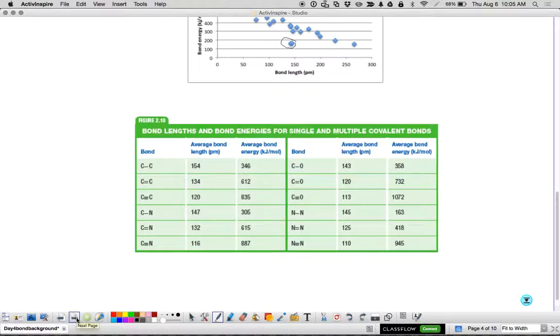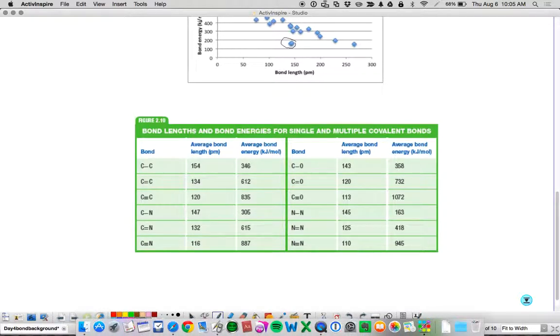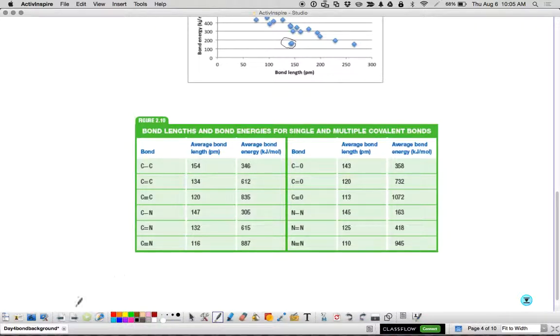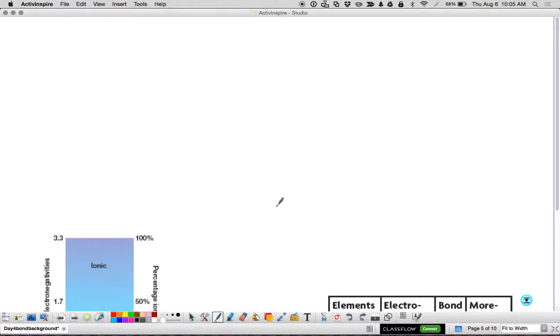So another thing that we need to clear up here is we've been talking about all covalent bonds, and I've just been whitewashing everything as, well, we'll talk about covalent and ionic later. This is just covalent. Now, that doesn't actually always end up being true, okay?